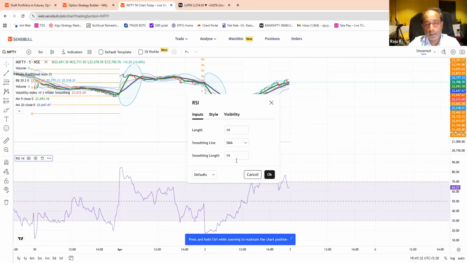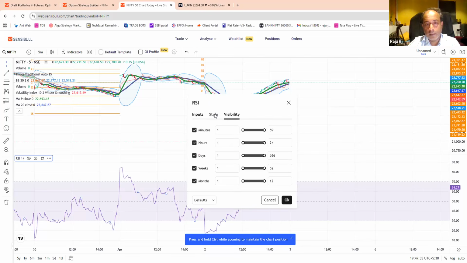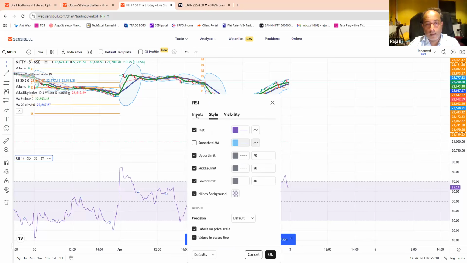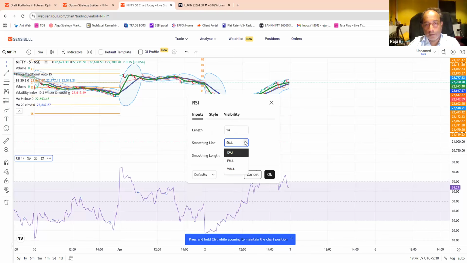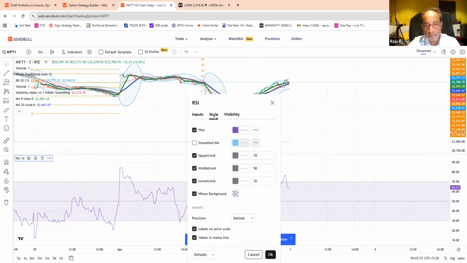You can go to inputs. Upper limit, you can make it 80. Lower limit, you can make it 20. And the middle, 50 is always good.